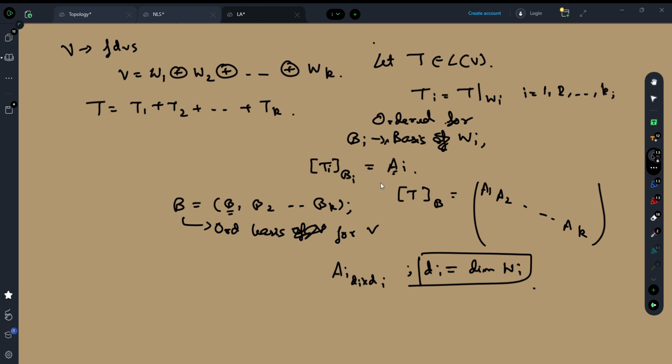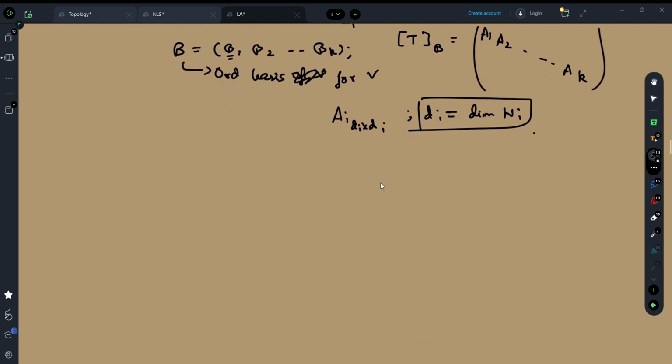Now, if you recall the concept of the cyclic decomposition of a finite dimensional vector space, let V be a finite dimensional vector space, and T a linear operator on V. Then what does the cyclic decomposition say?